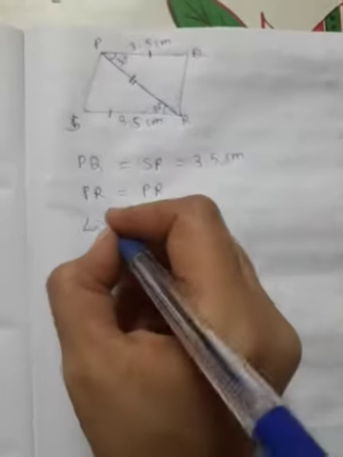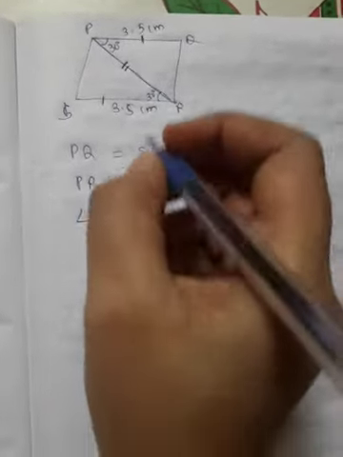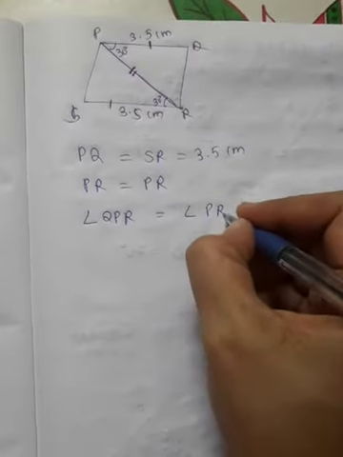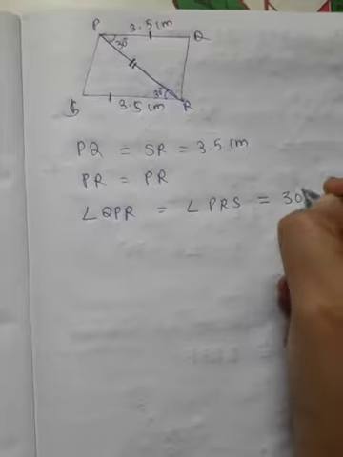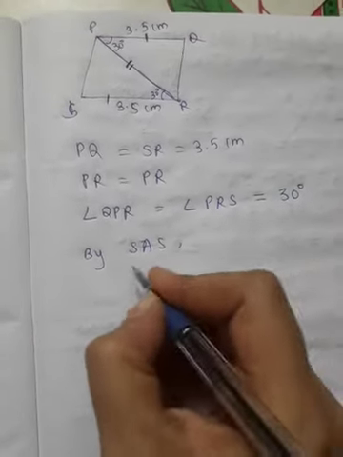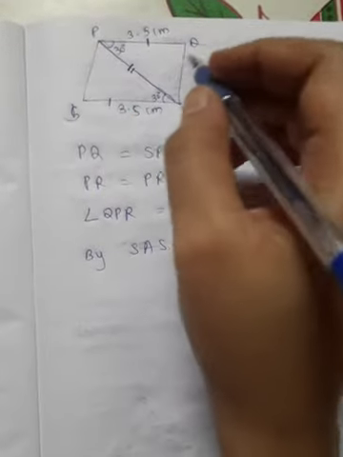Okay, so here angle QPR, okay, and angle PRS are equal, that is 30 degree. So by SAS criteria, side angle side test, you can say these two triangles are congruent.